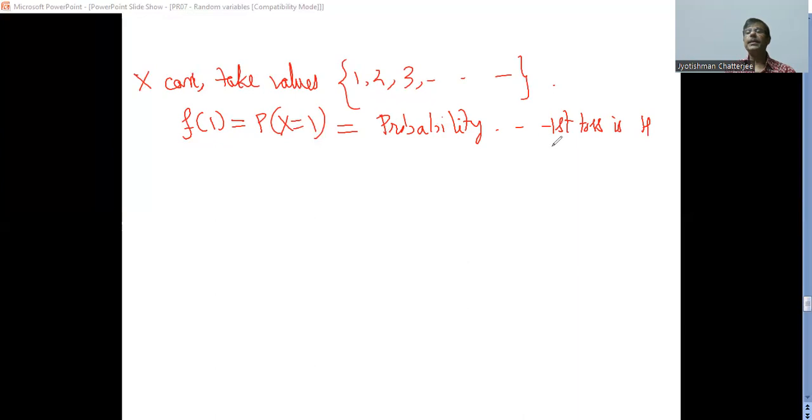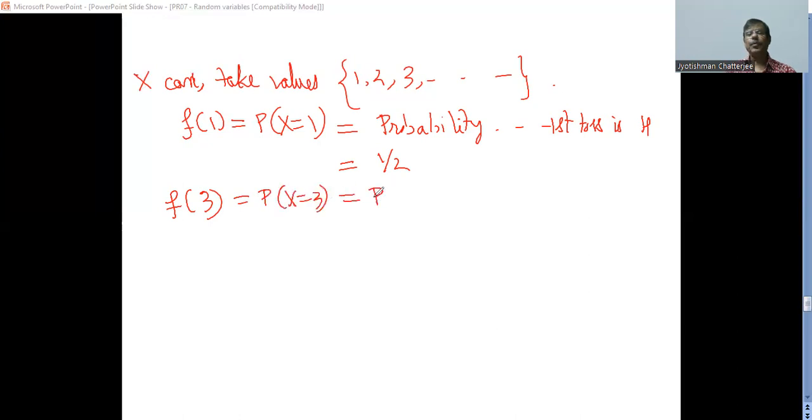And what is the probability that the first toss is head? That's equal to half, right? Now let's compute f of, say, 3. What is that? Probability of x equal to 3. That means the probability of what?